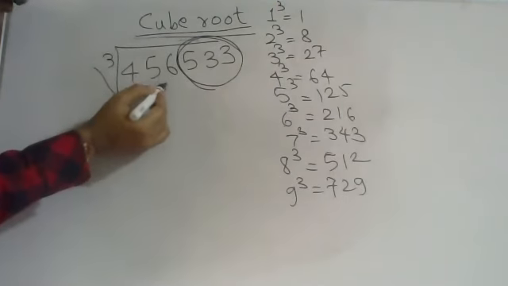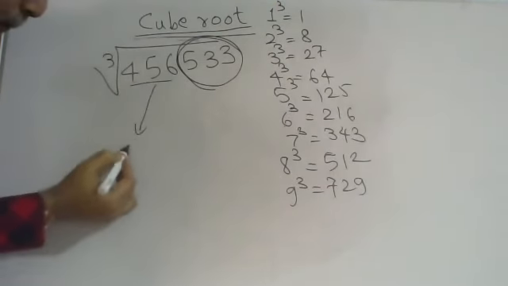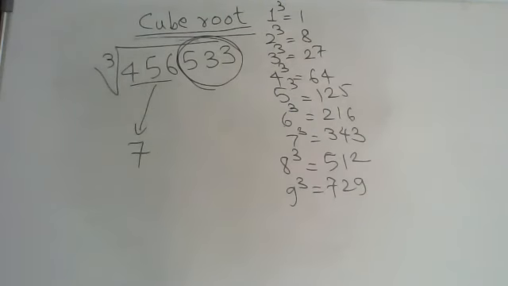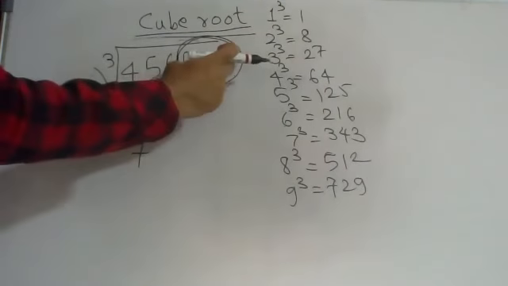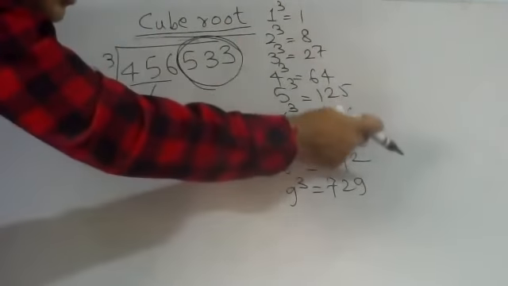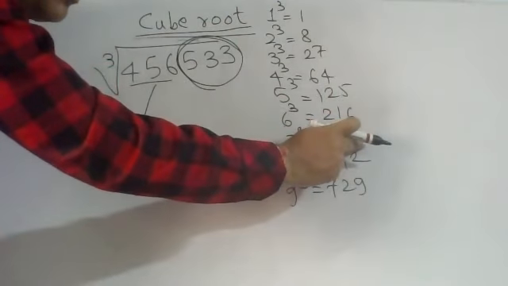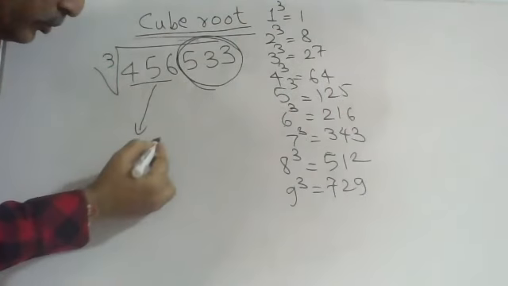So I will write for this 7. 533. Think about 3. Where is 3? Here. 7.